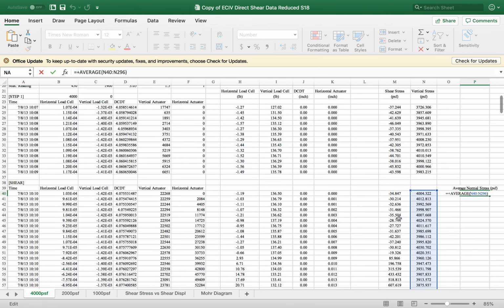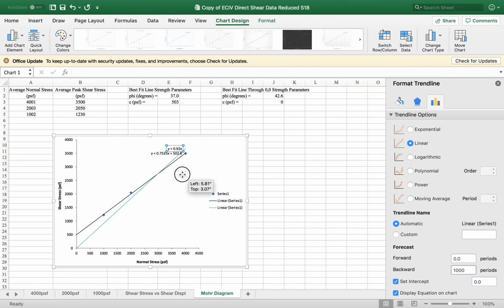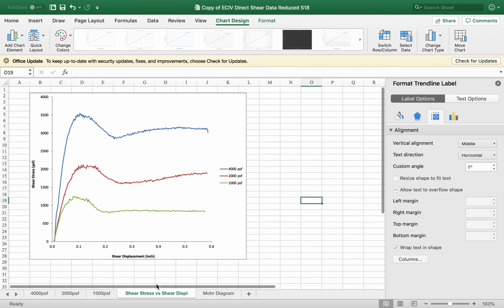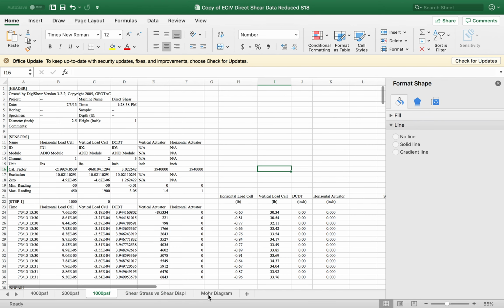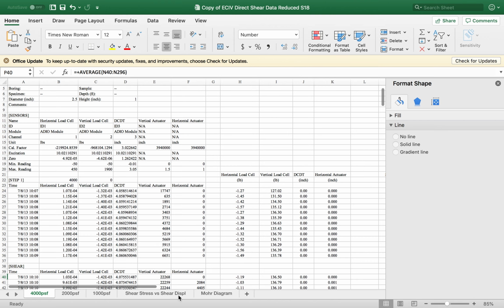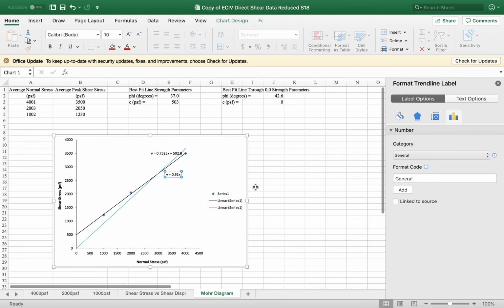Then you can also say display equation on chart, and you're going to find that this is your equation right now. So now arctangent of 0.92 should be around 43. Your C is just 0. So pretty straightforward. I don't think I should need to go through that again. And that's basically all you do for the Excel part of it.